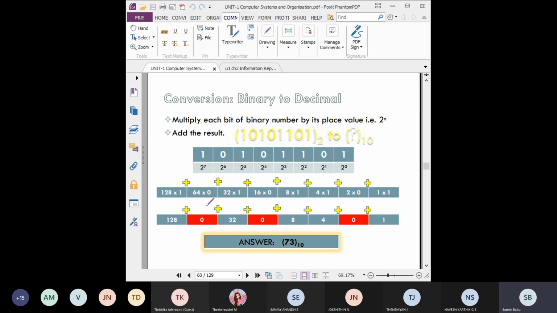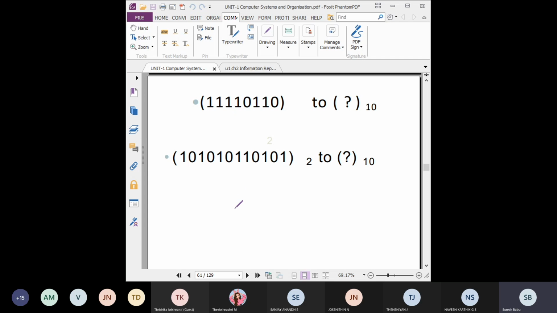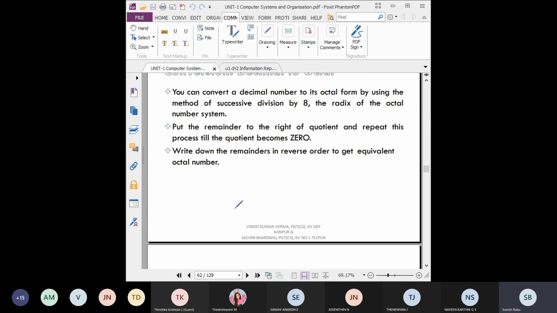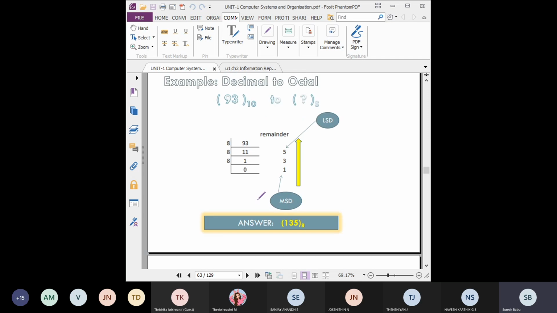Just go through the material, then only you can understand. Then binary to decimal, there is a homework, so practice. Then decimal to octal, what is the method? Repeated division by 8.